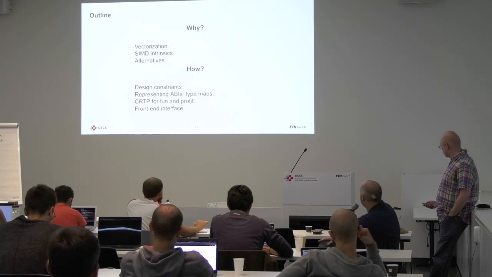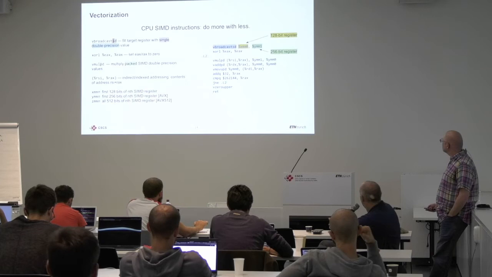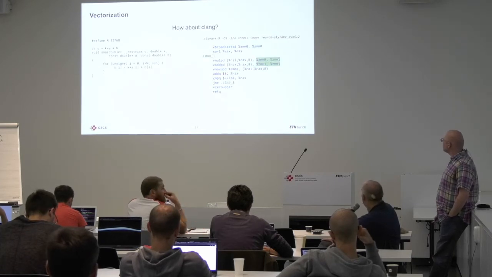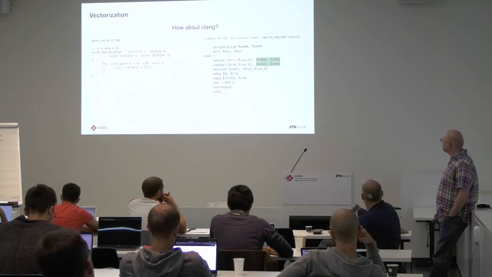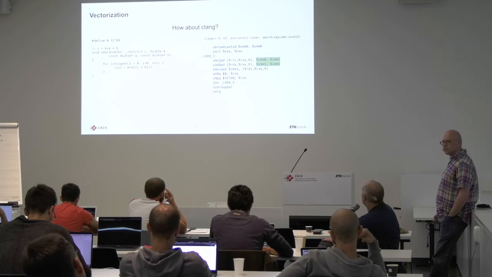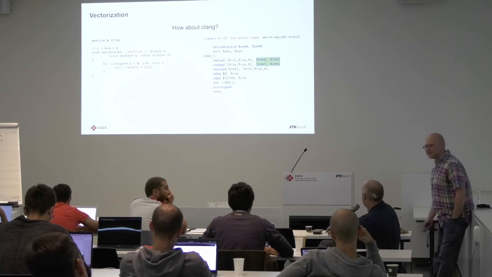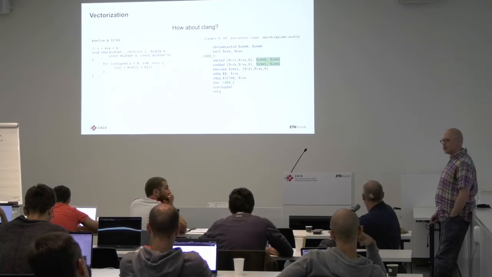So GCC was giving you the Y registers, and Clang was giving you the Z. Do you see performance impact on this, or is this particular benchmark just bandwidth bound and you don't care much?